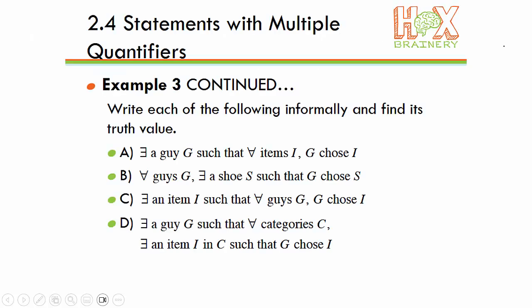That's what that's saying. There exists some guy such that for all the categories, there is an item in the category that the guy chose.